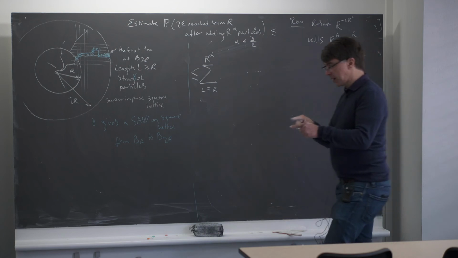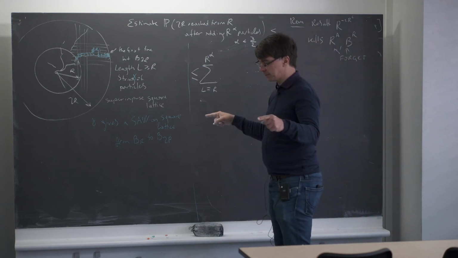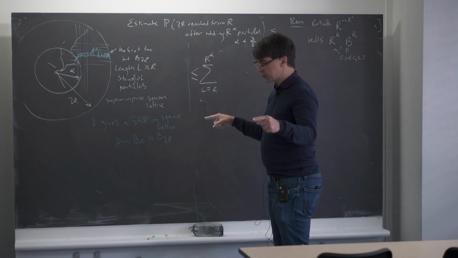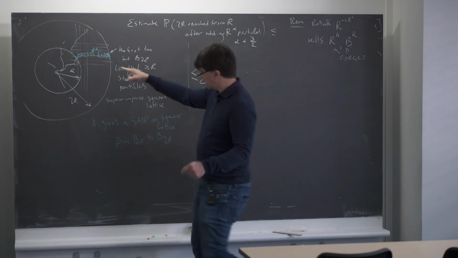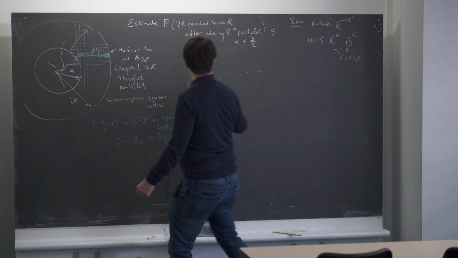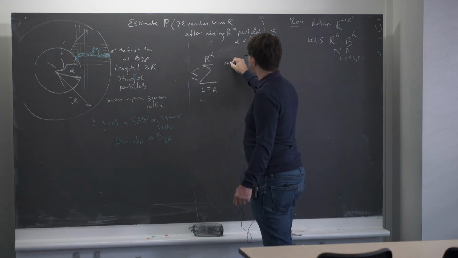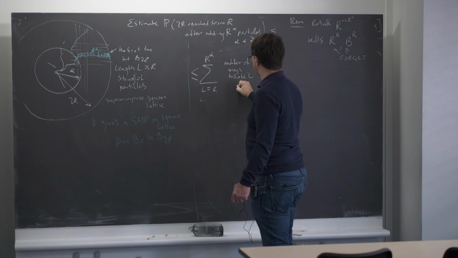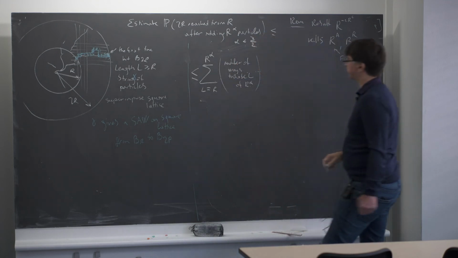Now, if we have r to the power alpha steps, we need to choose which steps belong to this curve. So it's the number of ways to choose L out of r to the power alpha. That's the first term.